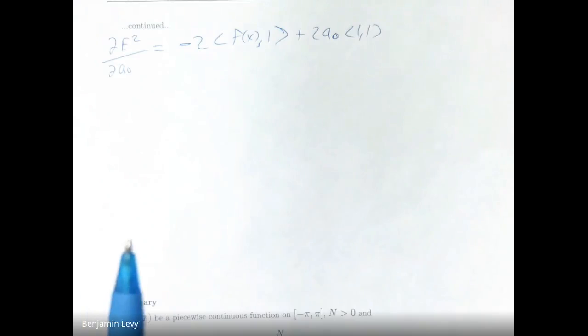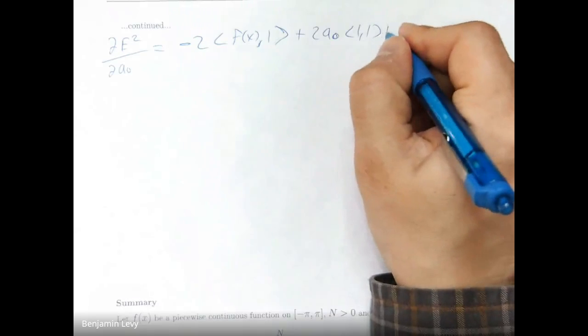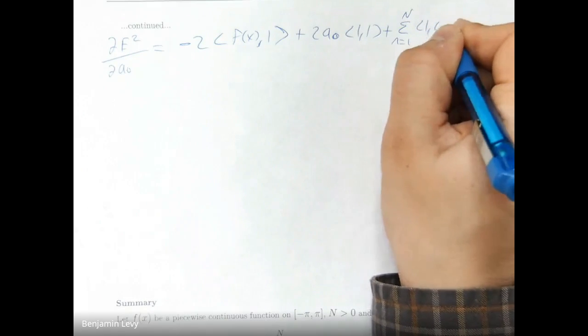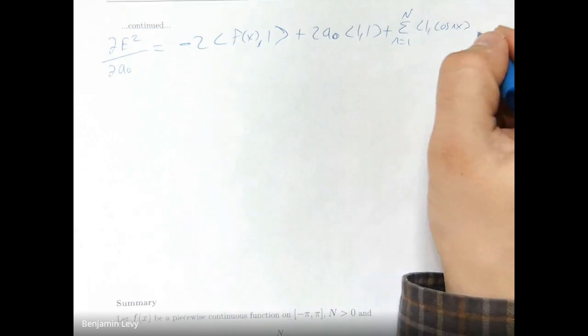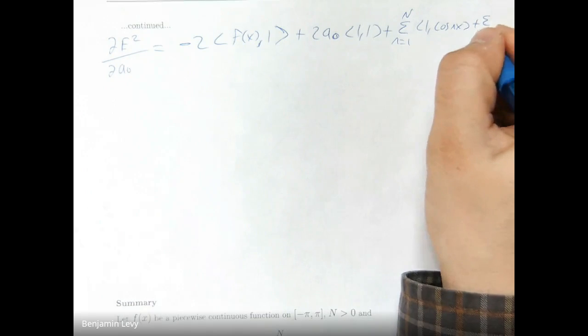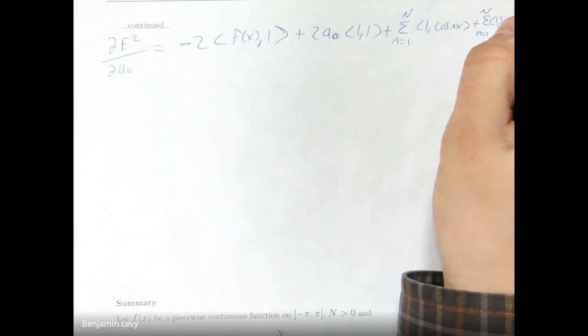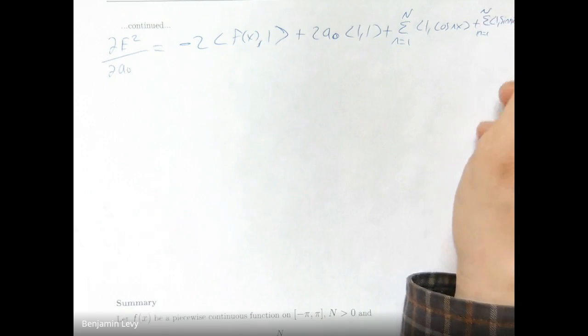So let's see here. The final part then is the sum of 1 with cosine nx. And then we also get the sum of 1 with sine nx.